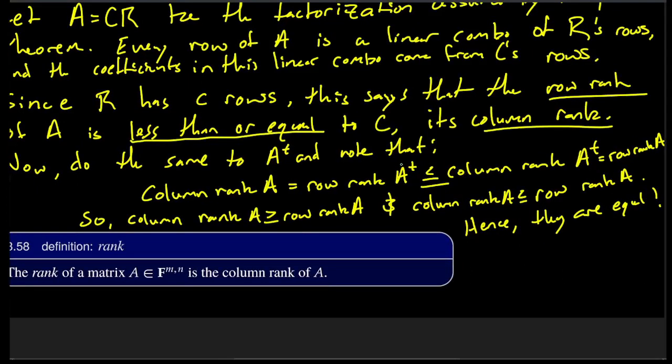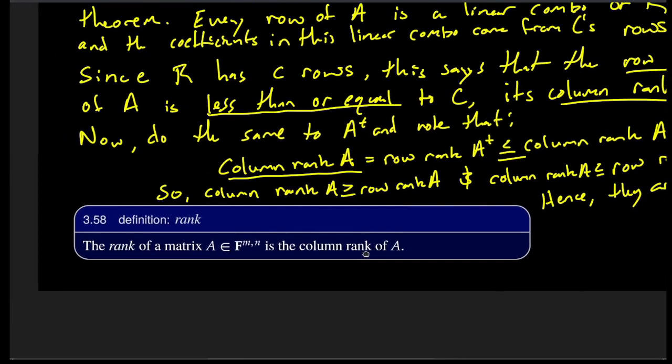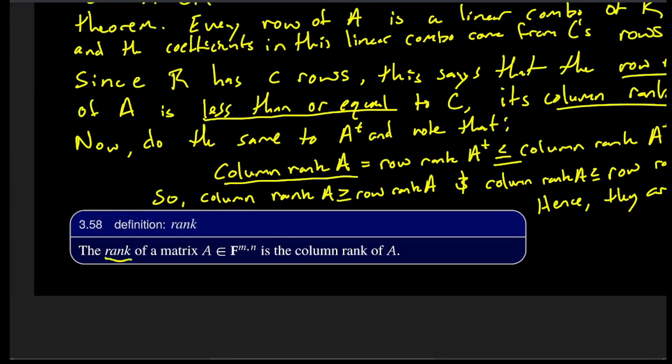Then repeating this on the transpose, we got that the column rank is less than or equal to the row rank. So one thing is greater than or equal to the other thing, and the other thing is greater than or equal to the first thing. So they're equal. So we can just talk about the rank. We don't need to specify row or column rank.